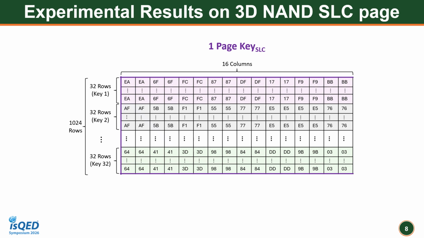We first show our experimental results on a 3D NAND SLC page, and this is just a single page with the rows and columns readjusted to make it easier for everyone to understand.